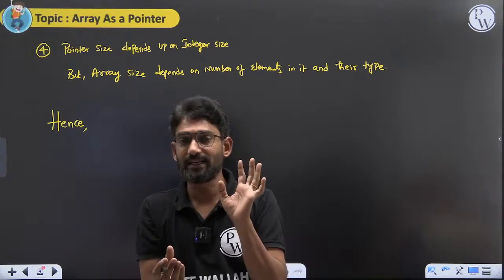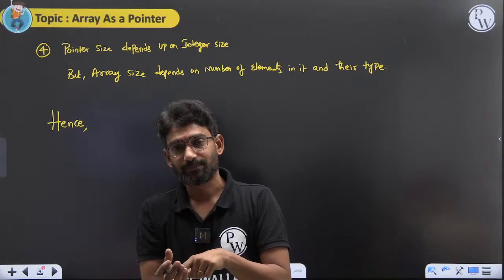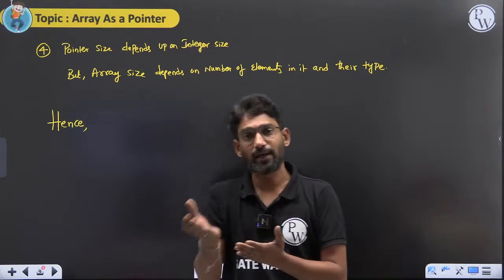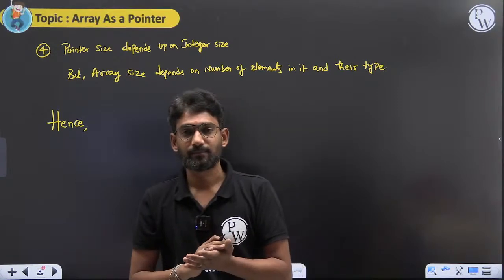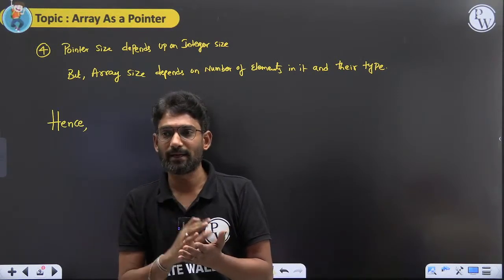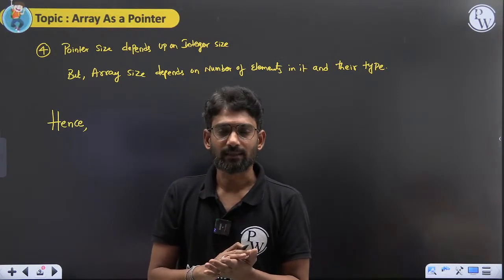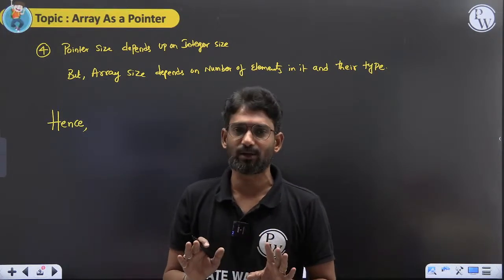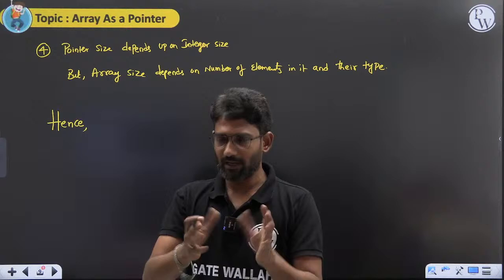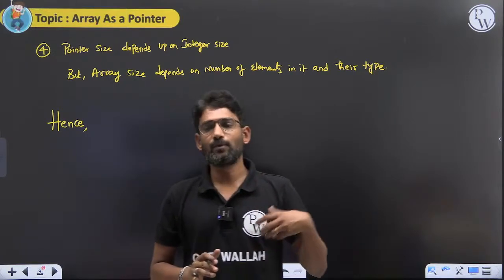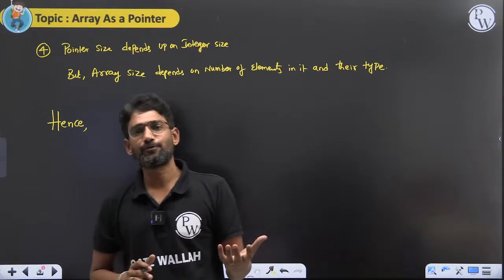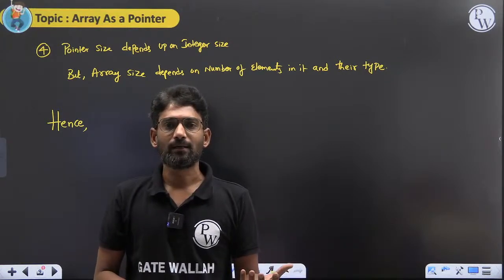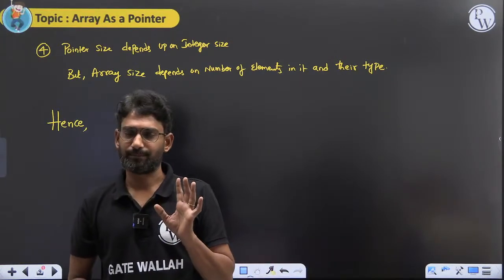Now what is integer size? 32-bit. Because 32-bit software runs on a 64-bit processor, because of backward compatibility, isn't it? But 64-bit software you cannot run on a 32-bit processor. That we all know. So if your system is 64-bit and you have downloaded a 32-bit compiler, there it is 32-bit.